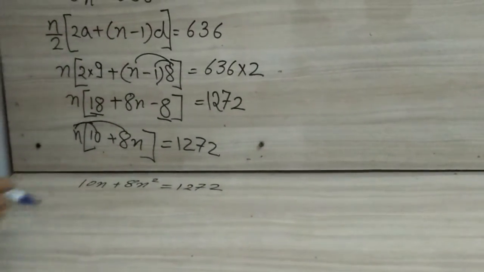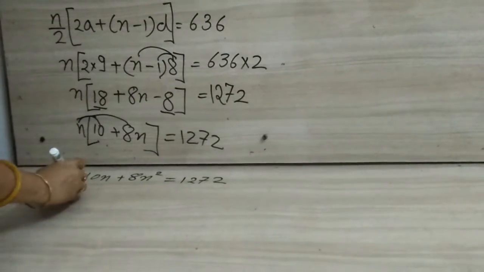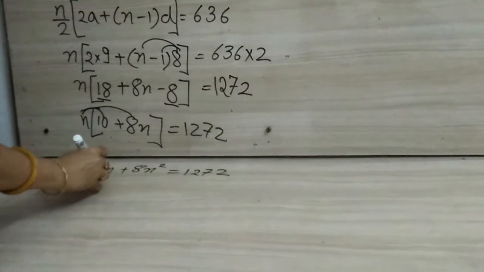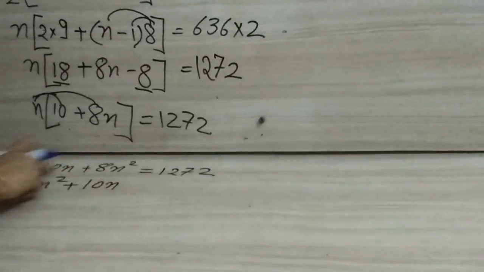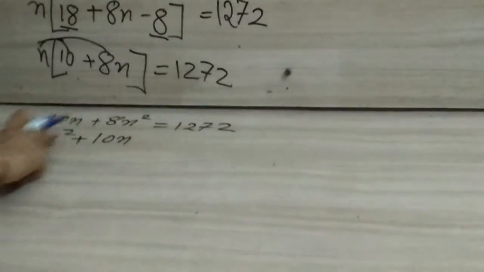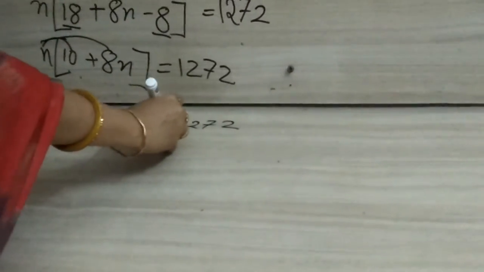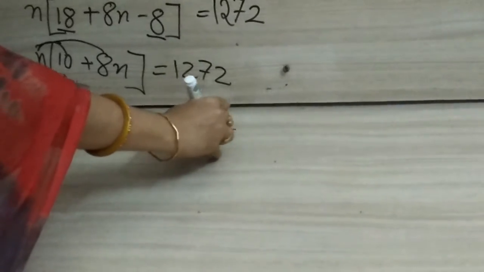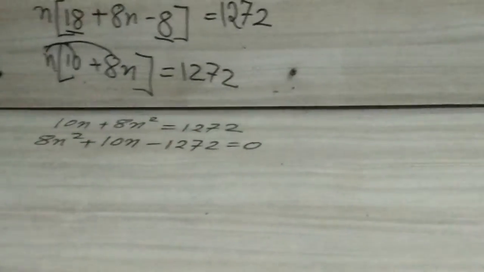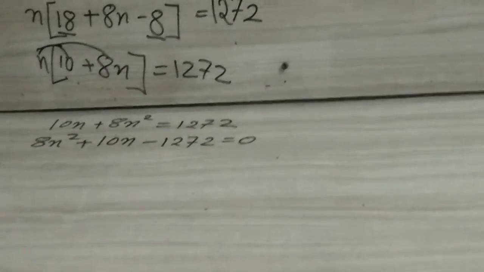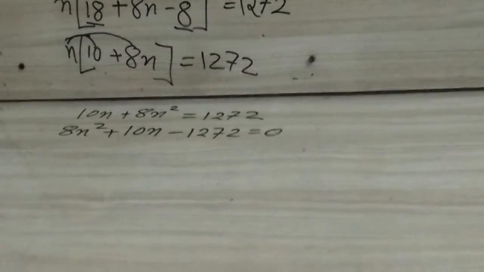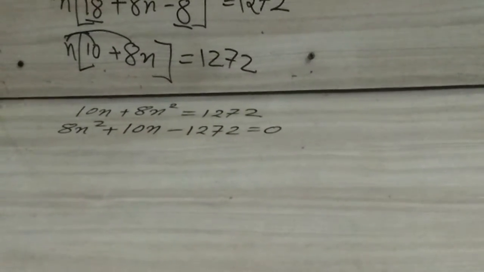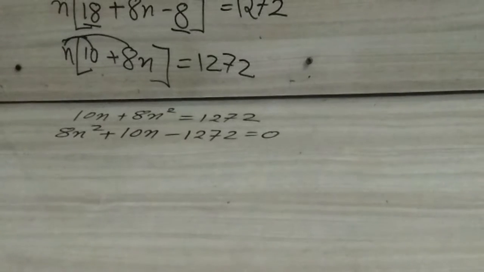Now we will arrange it. We can see n square, so it will be a quadratic equation. So we write 8n square plus 10n; we are only changing the place. This we transpose, so it will become minus 1272 is equal to 0. Now watch carefully. 8 is an even number, 10 is an even number, and 1272 is also an even number.